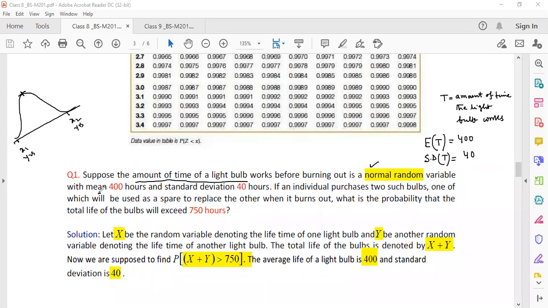It is given from these particular sentences. Now we know the mean and standard deviation of the longevity of the light bulbs. This is a known fact.